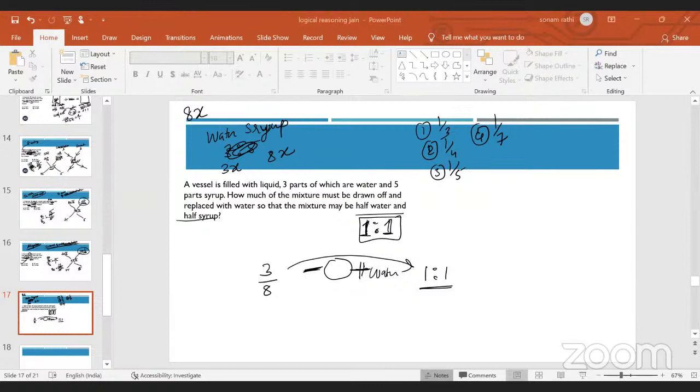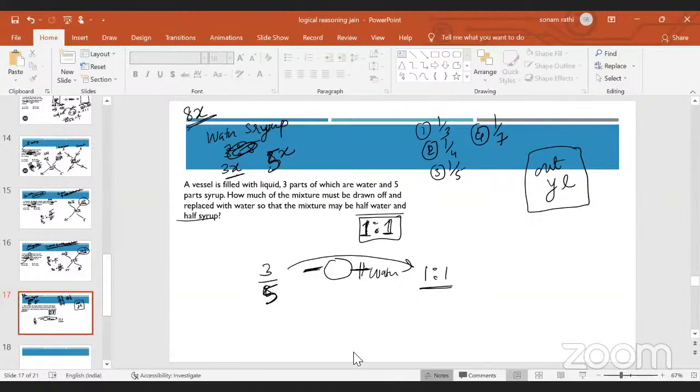Let's assume you are taking out y liters. So it was 3x and 5x. Sorry, 5, not 8. 3:5 is the ratio, total 8x.